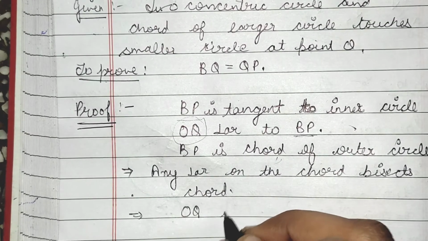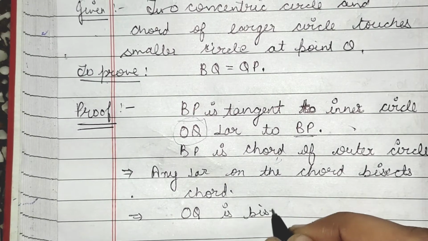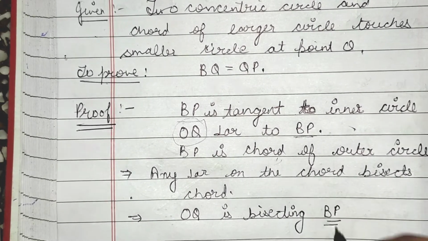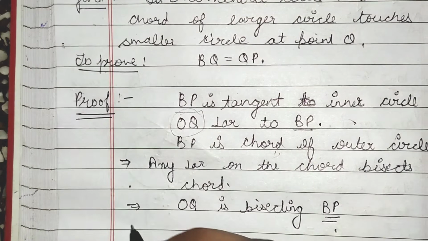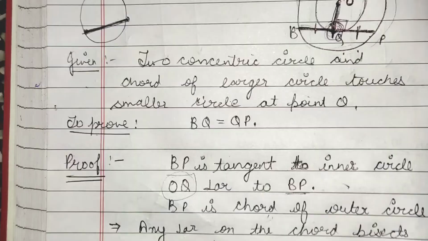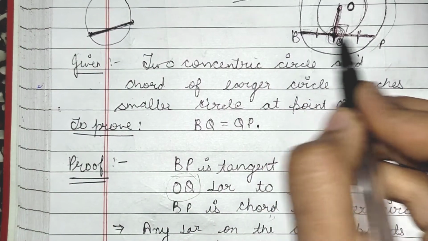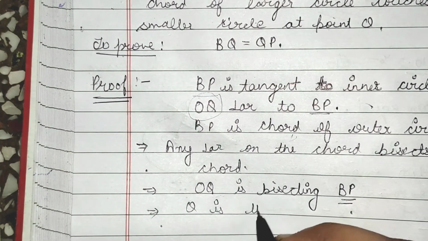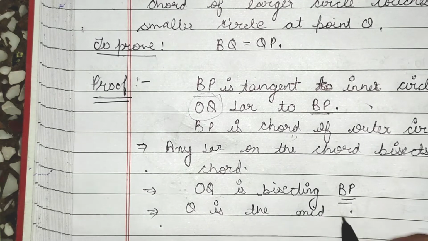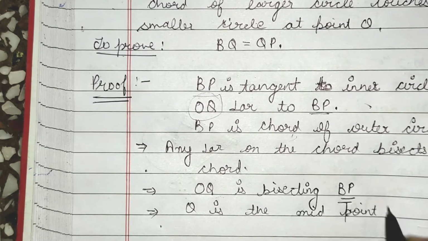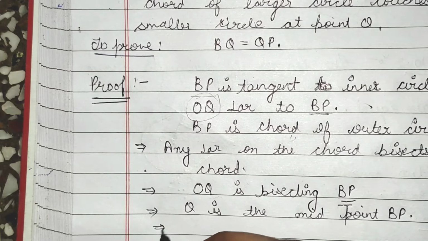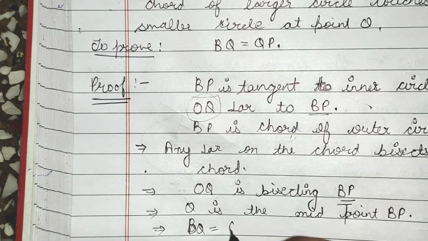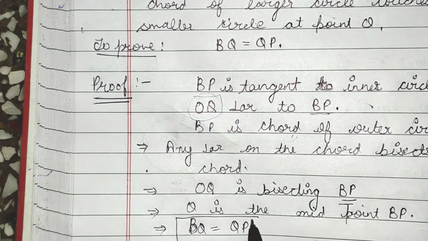That means OQ is bisecting what? OQ is bisecting the BP, right? So if OQ is bisecting the BP, that means Q is the midpoint of BP. If Q is the midpoint of BP, that means BQ is equal to QP.